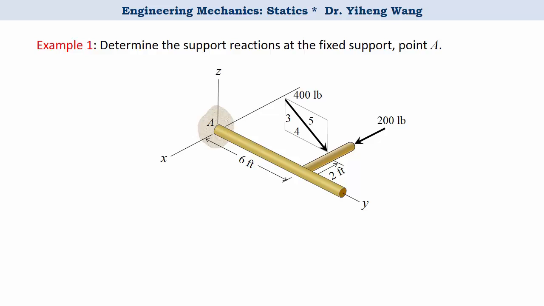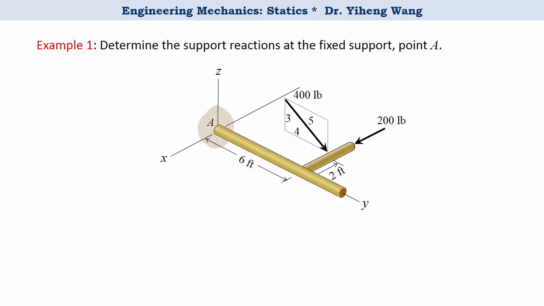Let's look at this example. We are asked to determine the support reactions at the fixed support point A. When we analyze the situation, we realize that since this is a fixed support at point A, it prevents all kinds of motion. Therefore, there must be force support reactions along all 3 axes and moment support reactions about all 3 axes as well.